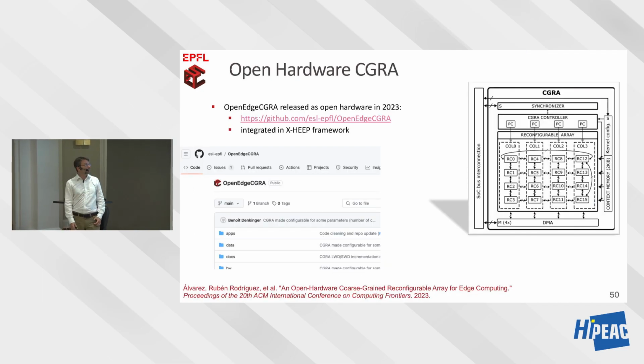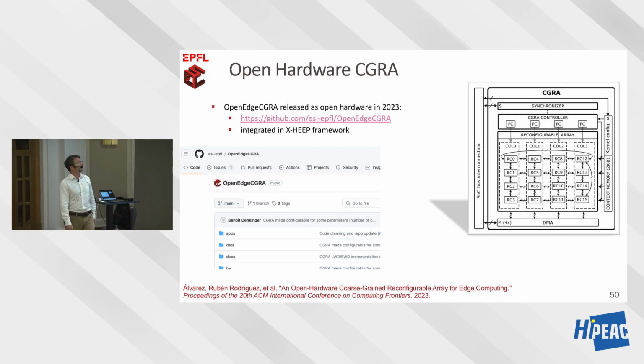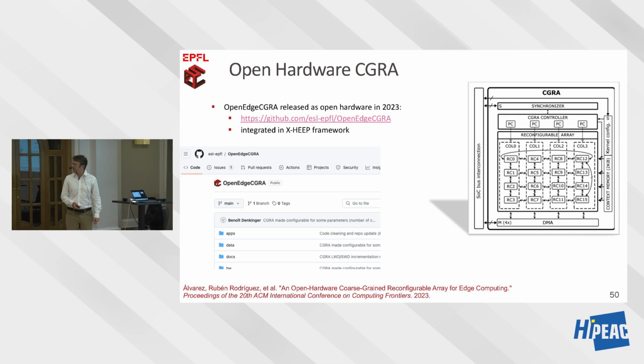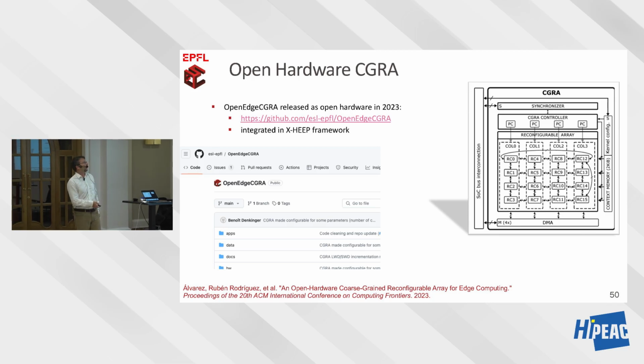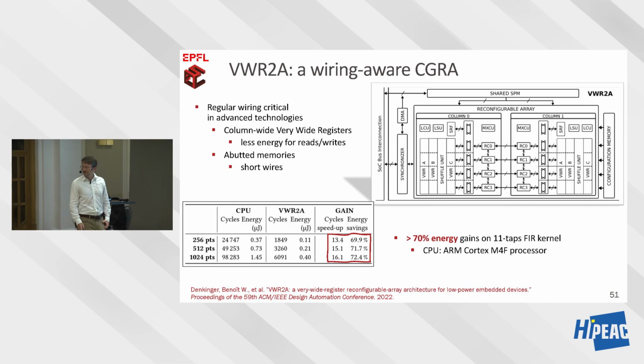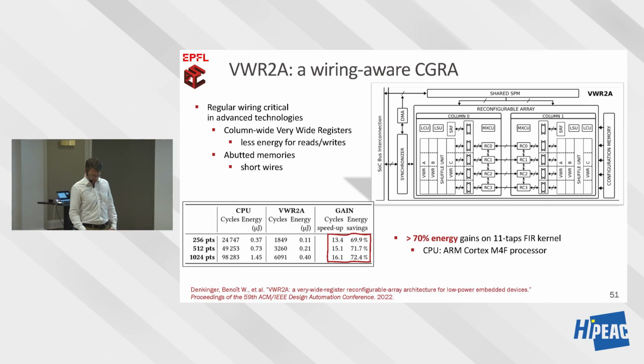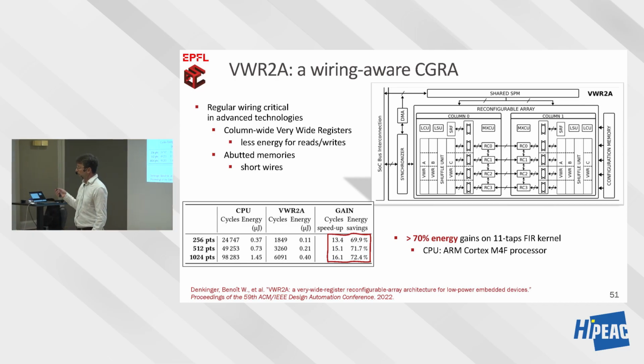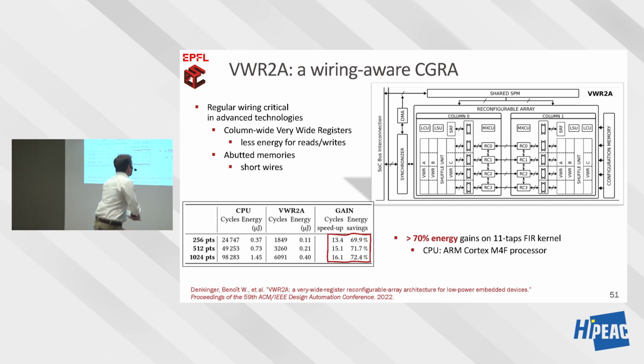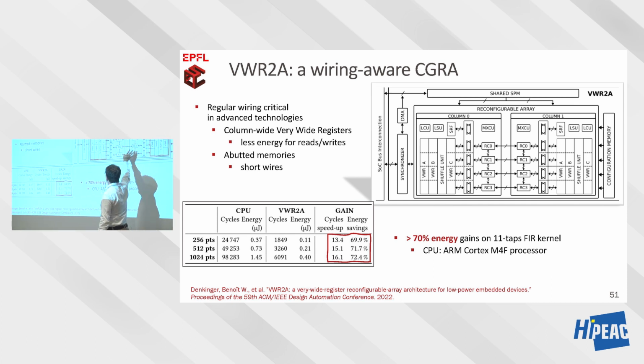An implementation of the architecture which I just showed you is available as open hardware. So if you want to take a look at it and start playing with it, it's available on GitHub. We are now working on a slightly different implementation. We still have processing units, in this case called RCs instead of PUs, but they are basically ALUs.